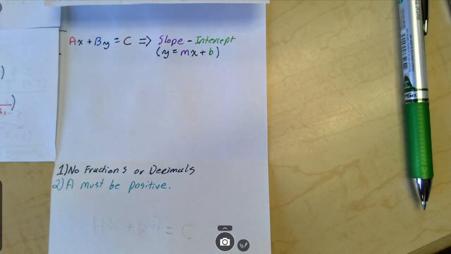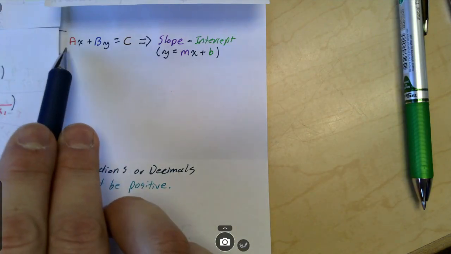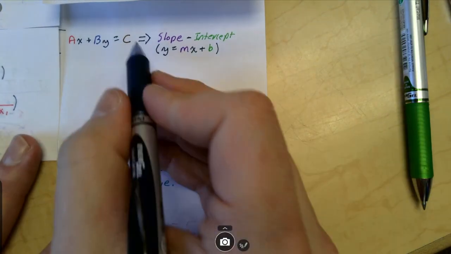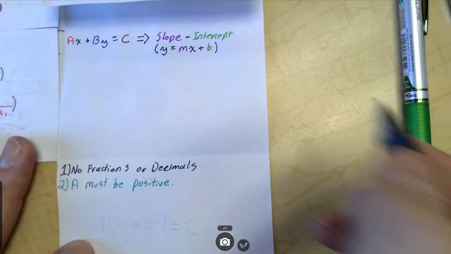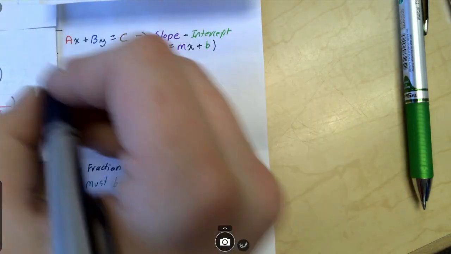Now, taking AX plus BY equals C and converting it into slope-intercept form has some very nice ways we can do this. So first up, in order to do the conversion, we have to subtract AX from both sides.